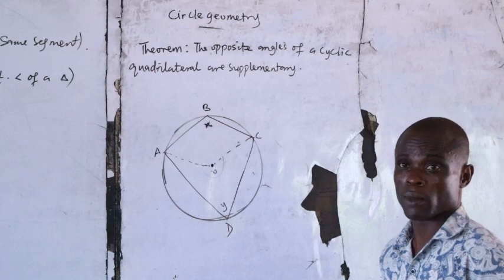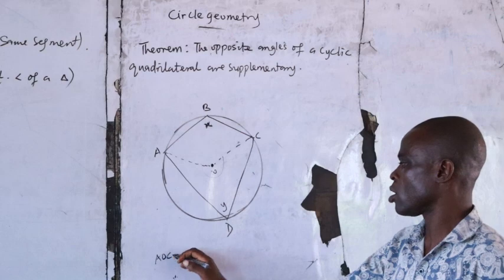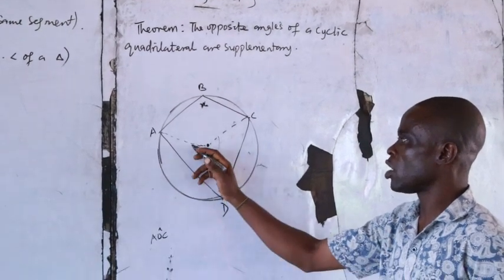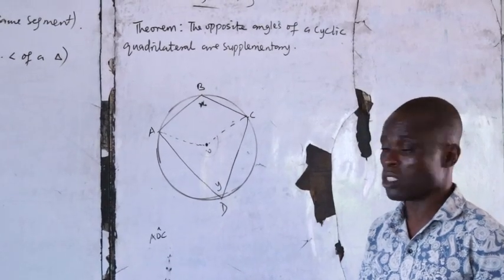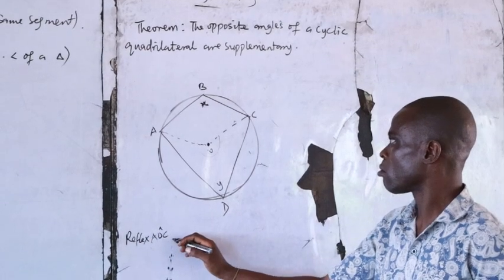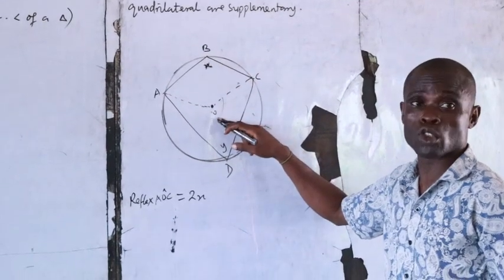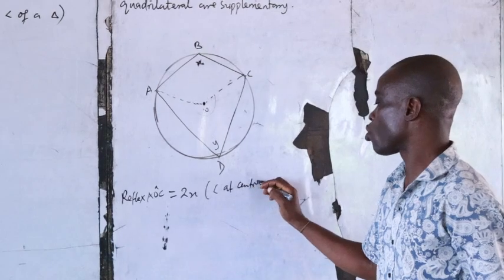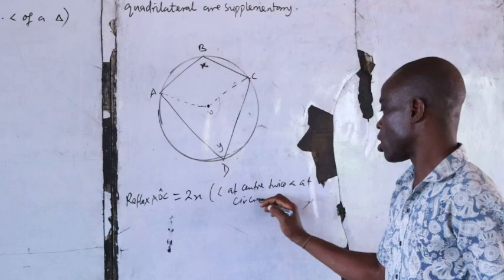Are you with me now? So it means that reflex AOC, because this one is the reflex angle that is greater than 180 but less than 360, is equal to 2x. That is x times 2 will give us 2x. Angle at center twice angle at circumference.